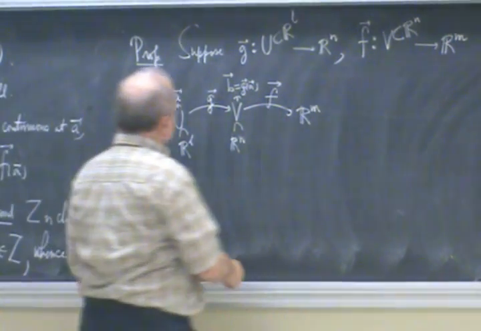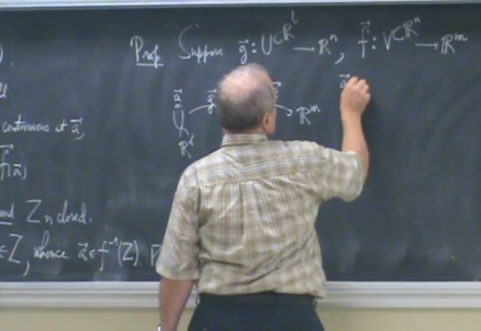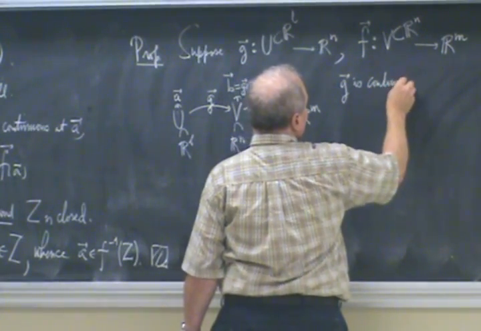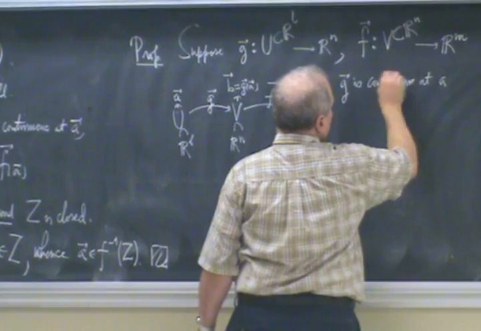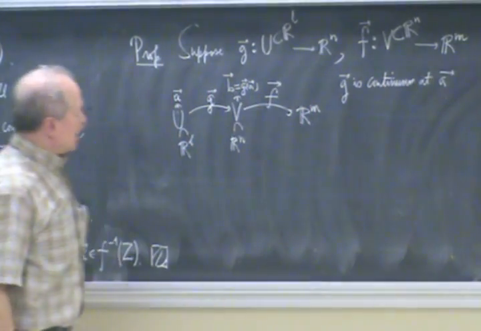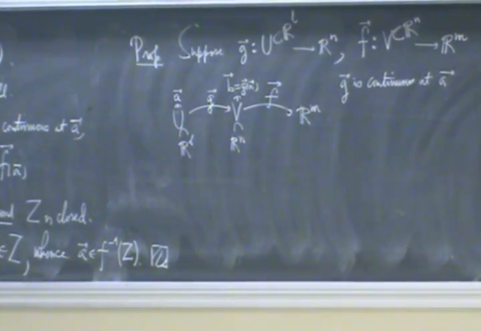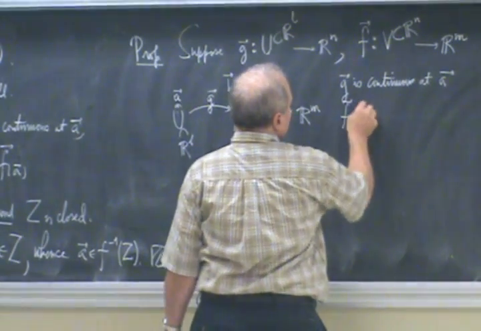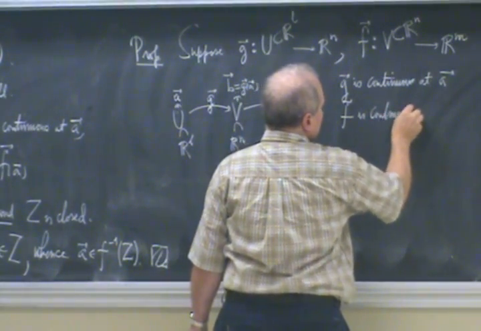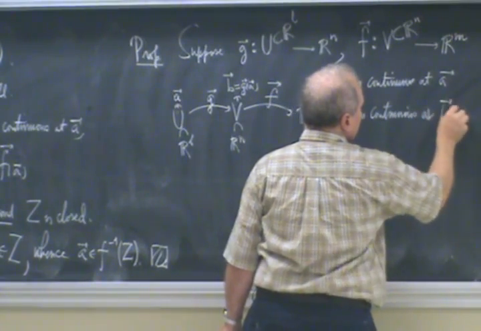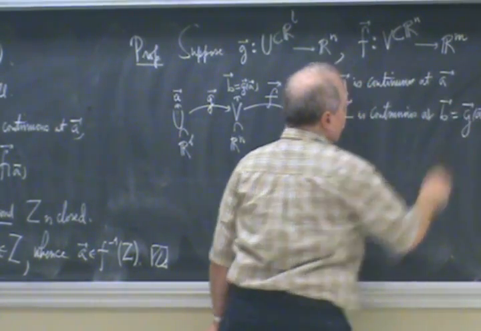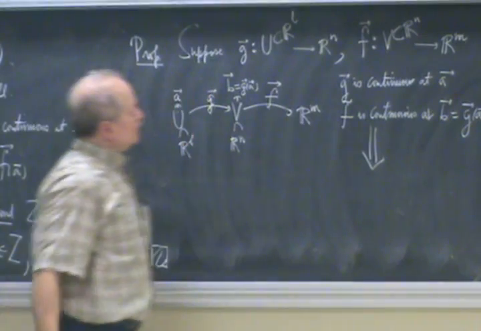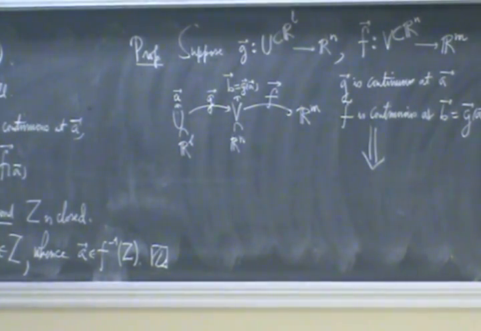And suppose G is continuous at A. And where do you think I'm going to want F to be continuous? G of A. What do you think we want to conclude? F∘G is continuous at A.